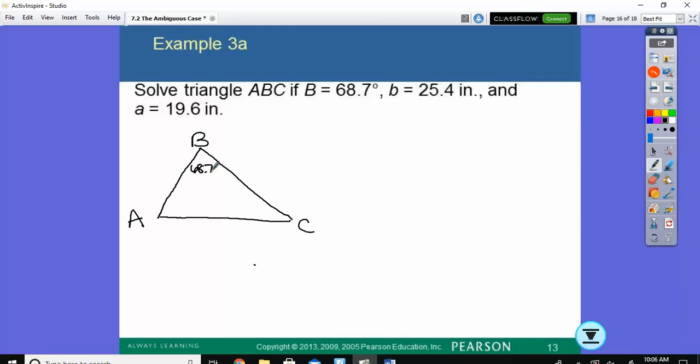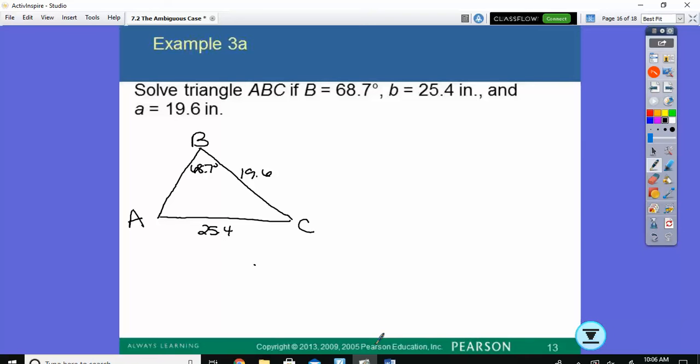Angle B is 68.7 degrees, side B is 25.4, side A is 19.6. So when I give you two angles to start with, that's like yesterday. We just have to jump right in and start finding our third angle. But if I only give you one angle, we have to do the law of sines multiple times.